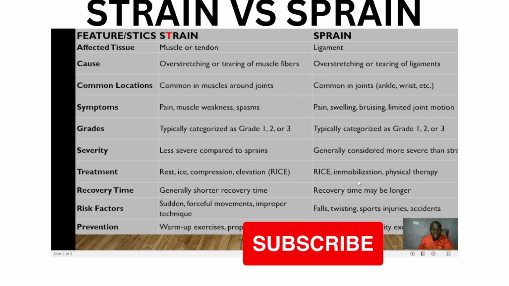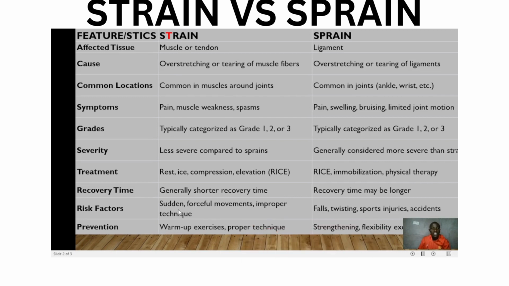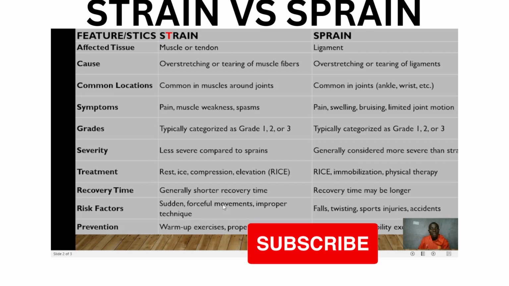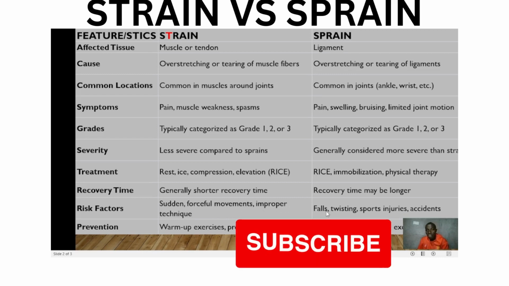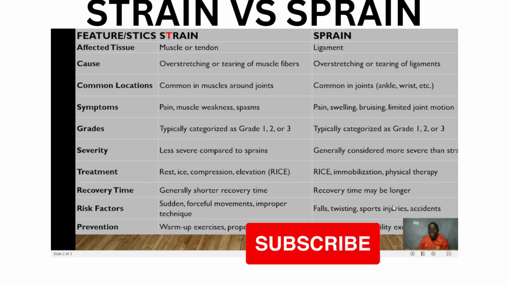In terms of recovery time, strains generally have shorter recovery time, whereas the sprain recovery may be longer. Risk factors, we could have sudden forceful movements, improper technique for the strain, whereas the ligaments will have falls, twisting sports injuries.